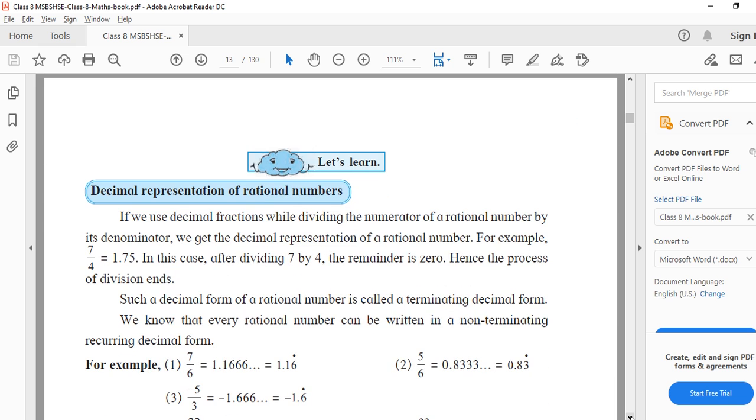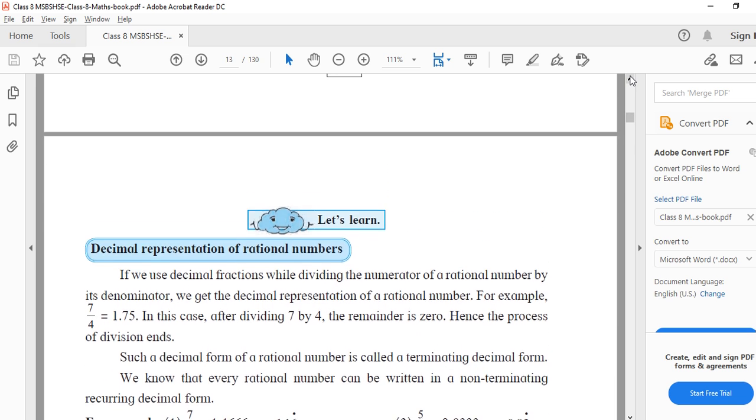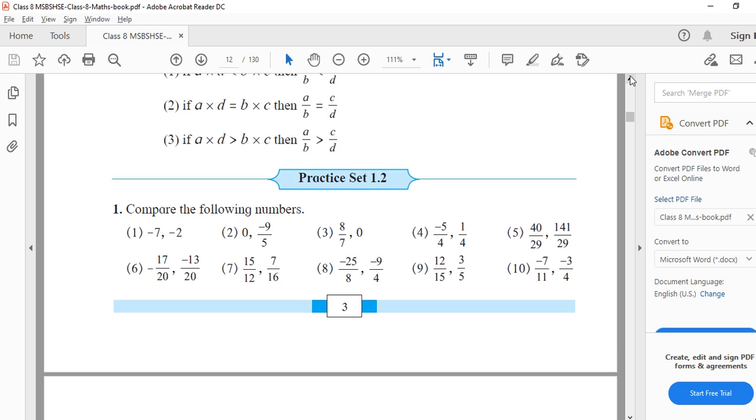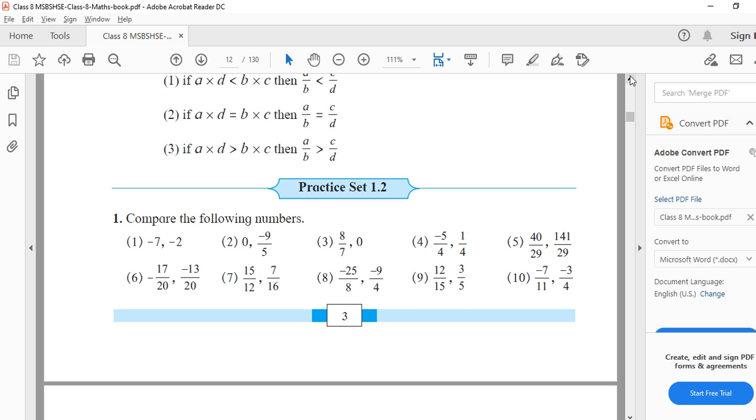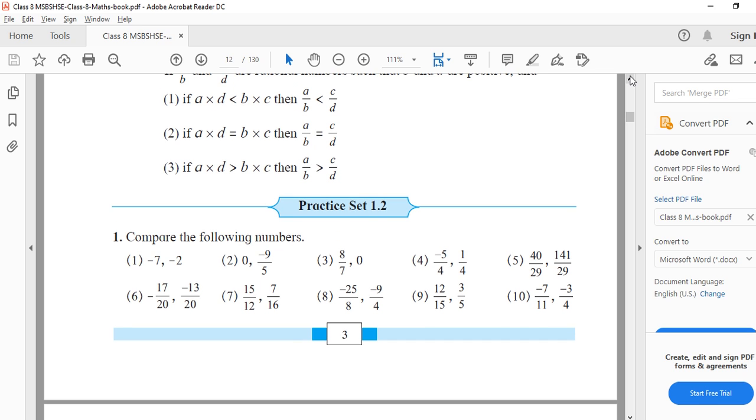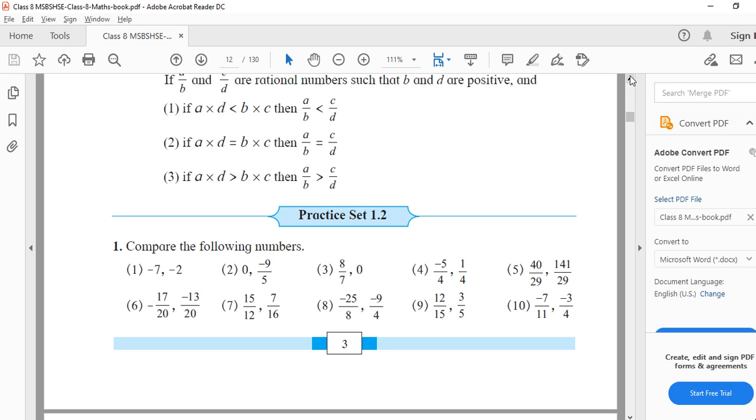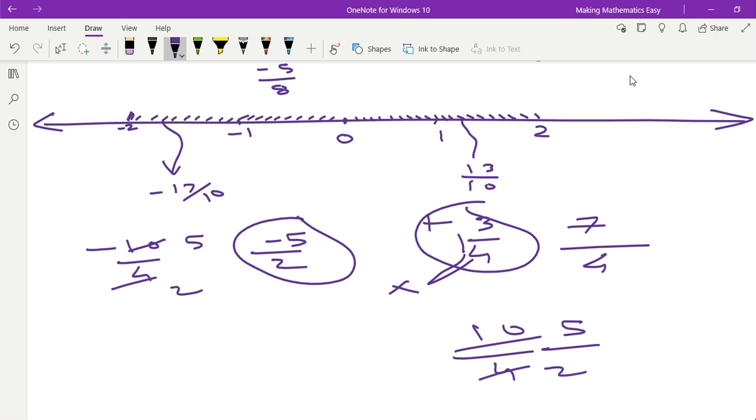Let's move on to exercise number 1.2, which you can see over here. Compare the following numbers. Basically you have to simply state which number is bigger and which number is smaller. But I have seen among many students that they are confused about which sign is the bigger sign and which is the smaller sign.